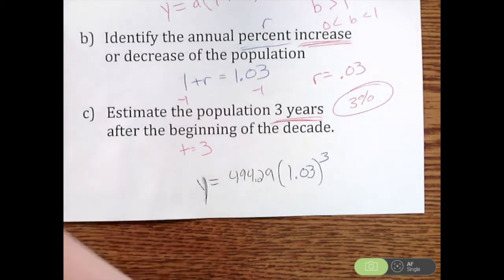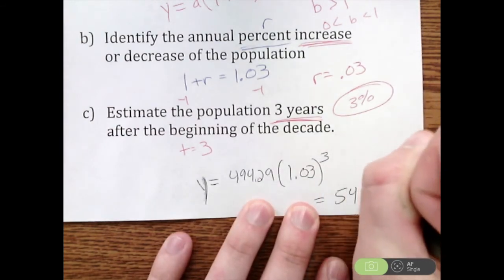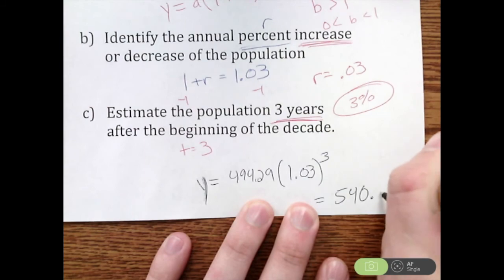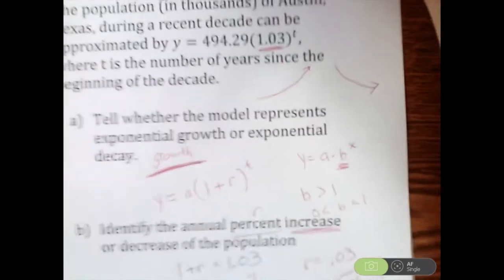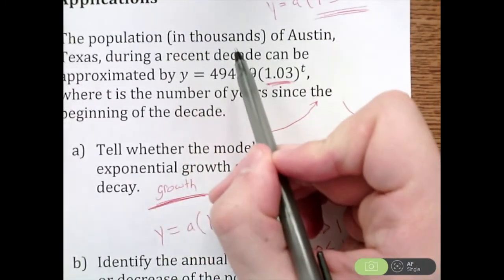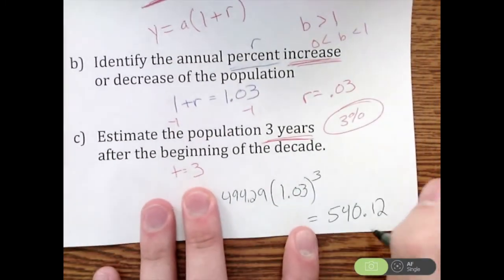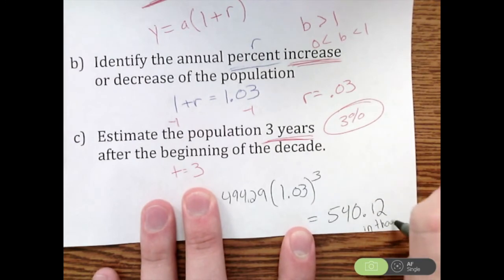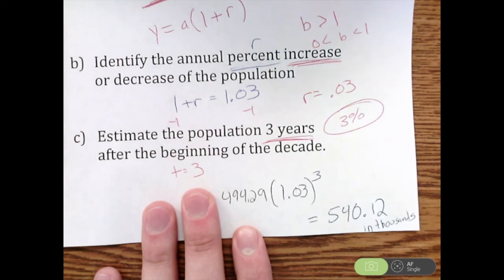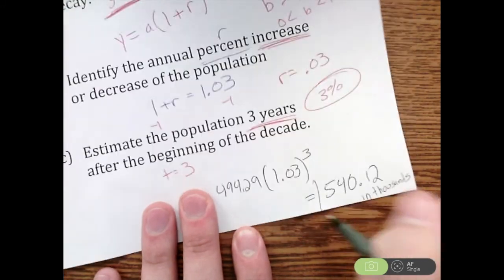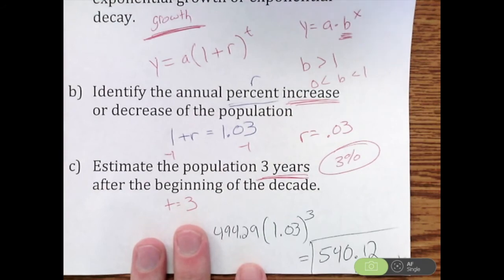When you plug that into a calculator, you're going to end up with 540.12. Now, remember they said the population is in thousands, so that's 540.12 in thousands. Be paying attention to what units are what. And that is an application of exponential growth and decay.